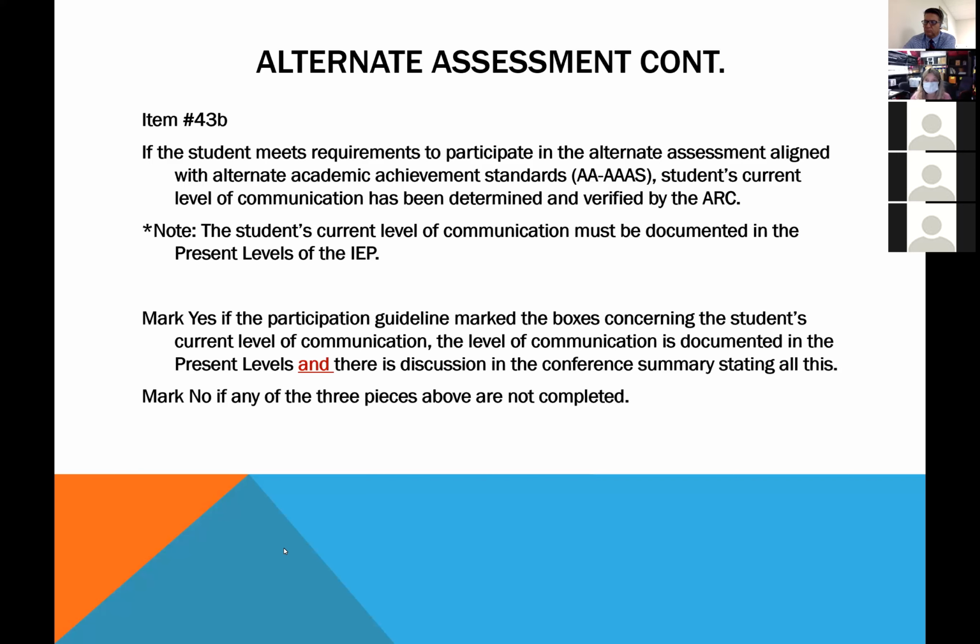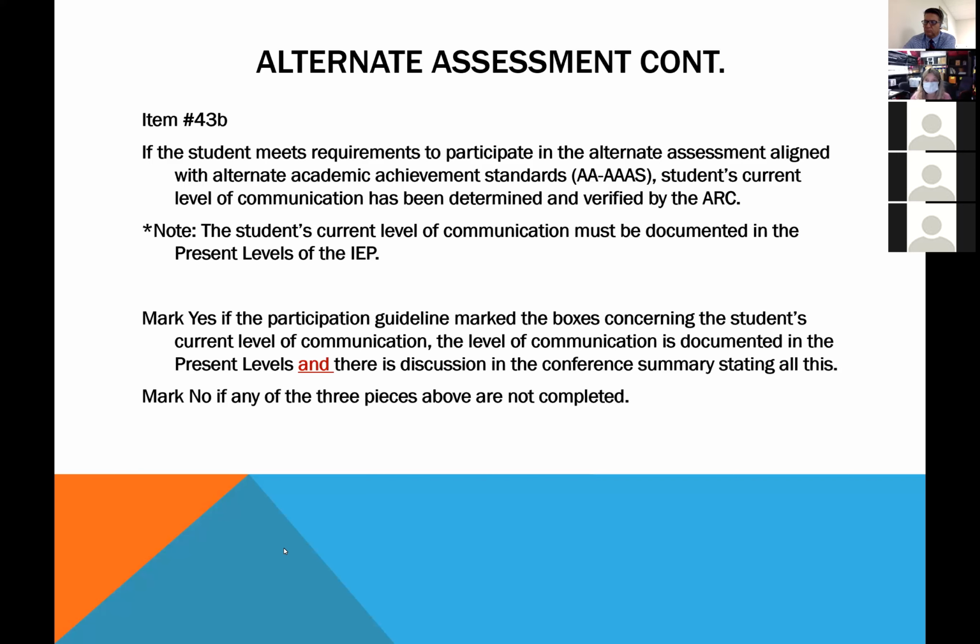On 43C, if the student meets requirements to participate in the AAAS, documentation in the IEP shows evidence of a communication plan. Now again, it says the student must have a communication plan, or the student's IEP must document communication is not an area of concern at this time, in which a communication plan would not be necessary.